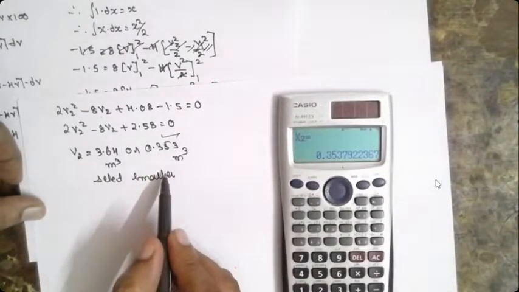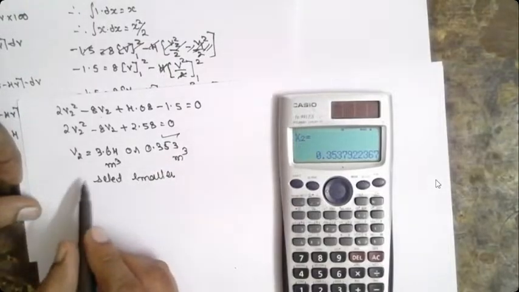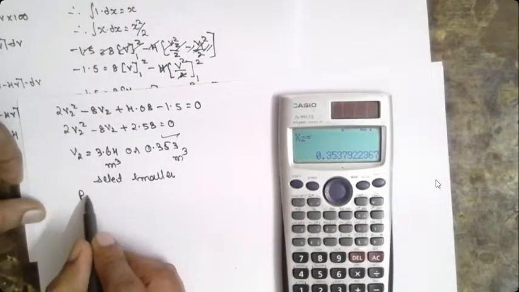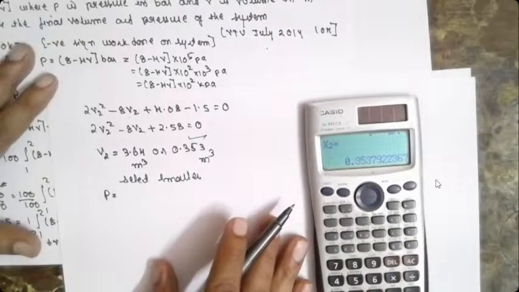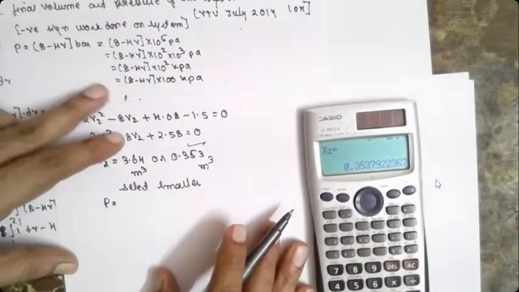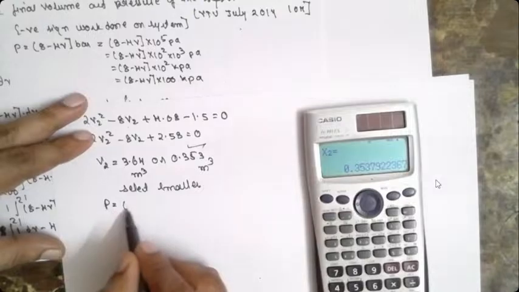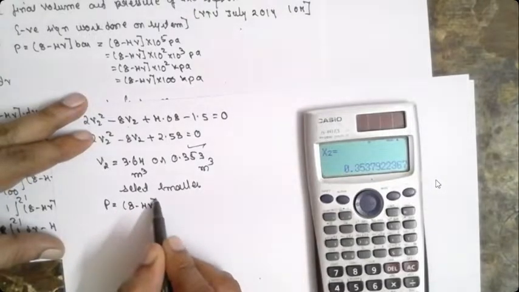After selecting the smallest value, we need to find out the pressure. The formula for P value is given here. P value converted into kilopascal is (8 minus 4V) into 100.